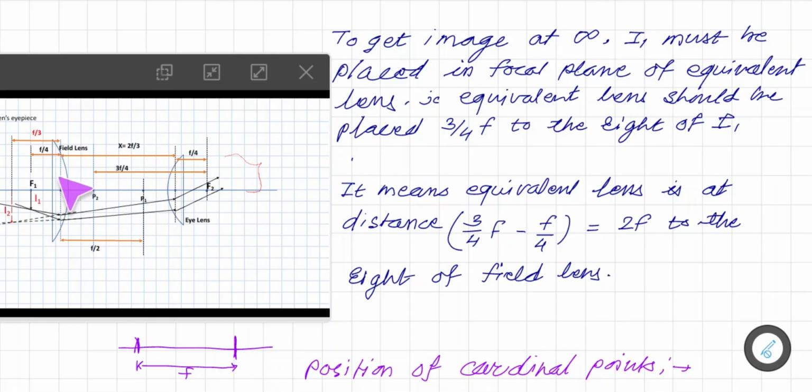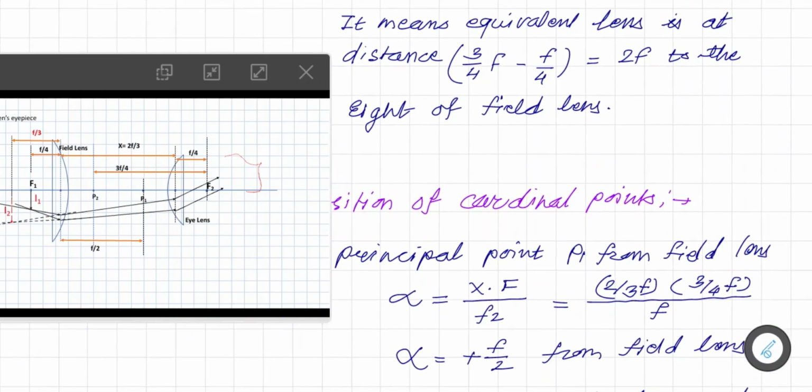If the equivalent lens is placed at 3 by 4f, and we know that from the field lens the object is at f by 4, it means the equivalent lens is at distance 3 by 4f minus f by 4, that is equal to 2f to the right of the field lens. So we need to keep the equivalent lens at this distance to the right of the field lens.